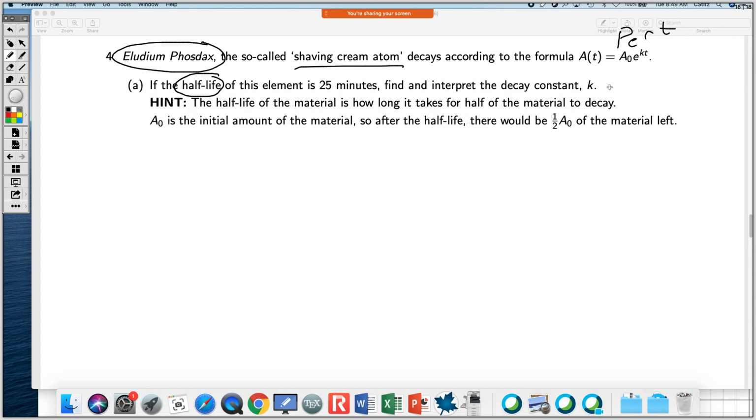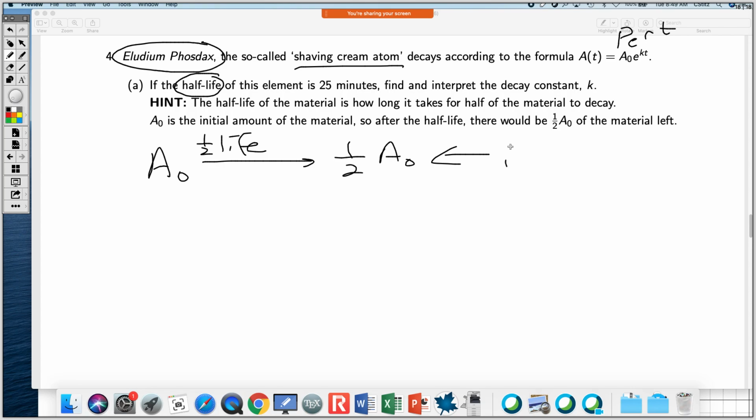All right. So once again, just like doubling time, half-life does not depend upon the initial amount. And we're about to show that here. If I start off with my initial amount, A sub 0, and I let a half-life go by, then I would be back to 1/2 of what I started.